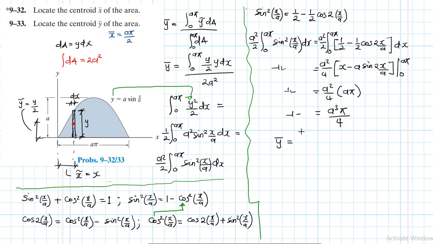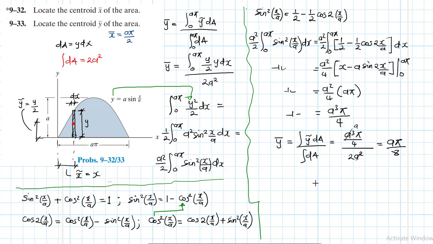Y bar is therefore equal to the integral of y cubed dA divided by the integral of dA. This gives us a cubed pi divided by 4 over 2a squared. The a's cancel to leave just an a, and 4 times 2 is 8, so this is a pi divided by 8.